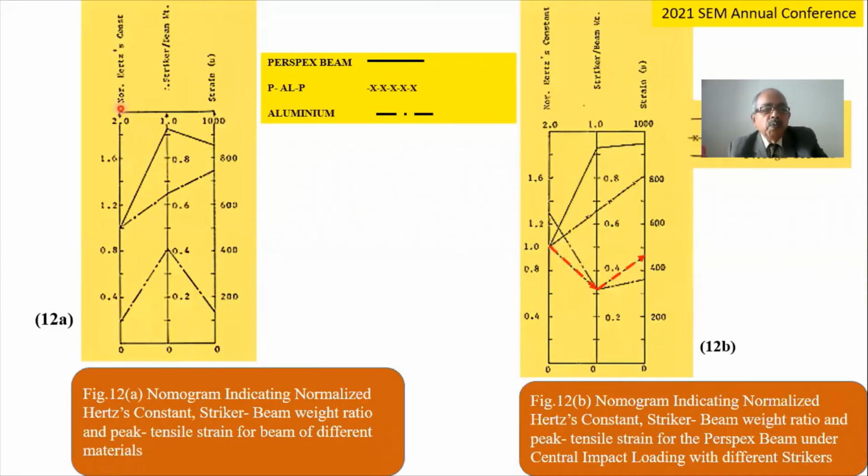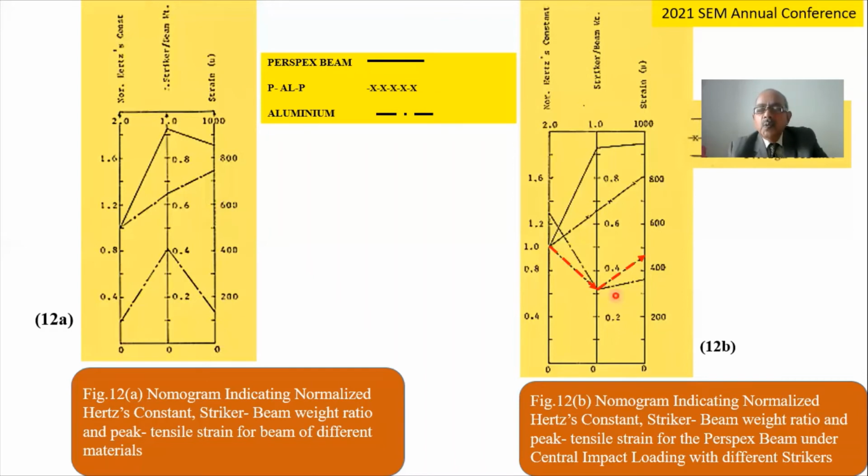This helps us to get the nomogram, which is between the normalized Hertz constant, striker beam weight ratio, and peak tensile strain. If the material is other than these three, we can interpolate the Hertz constant, we can interpolate the beam striker weight ratio, and we can predict the strain in the new material.